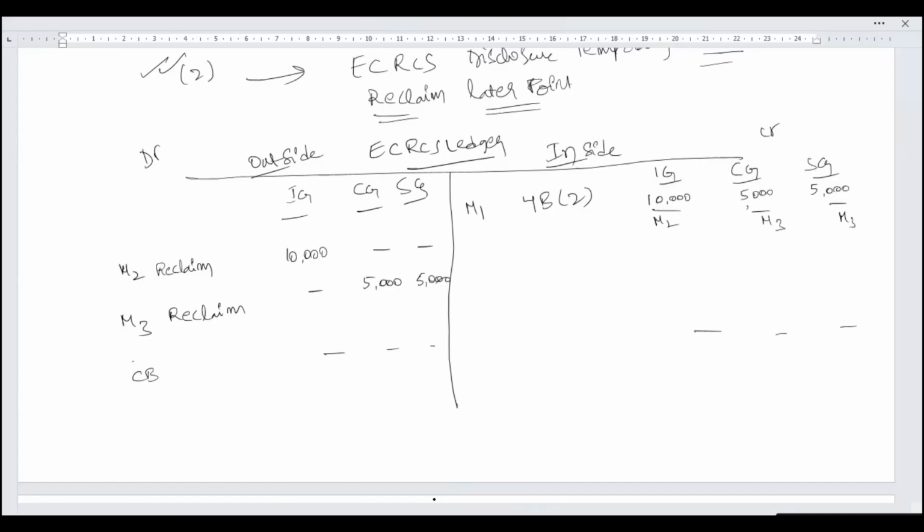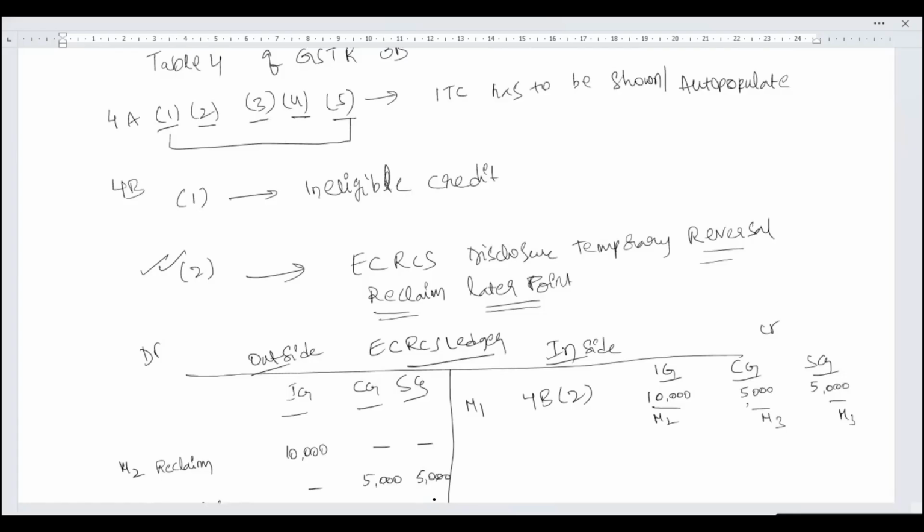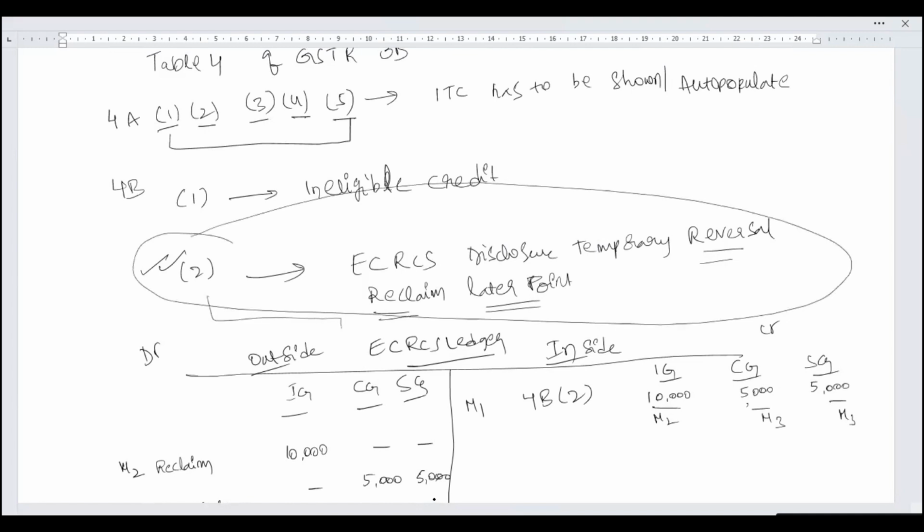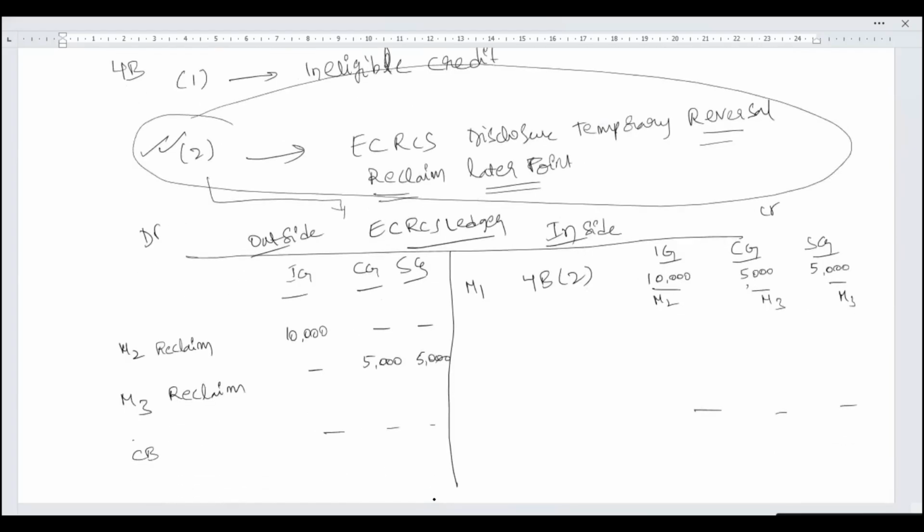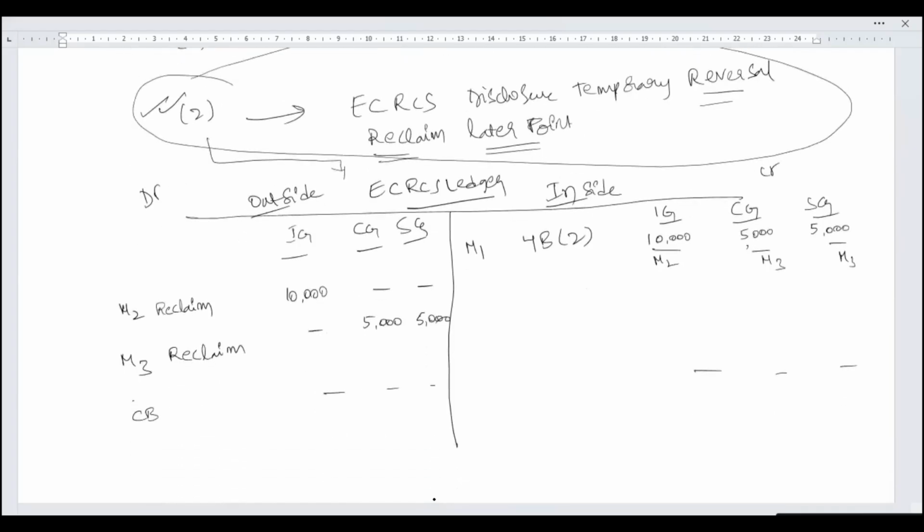So the government said, I give you a ledger. Whatever action you are doing in your monthly return in table 4B2, this 4B2 comes and gets credited to the credit ledger. So whatever you have shown in 4B2 is disclosed on the credit side. Now, to control what goes out, they say disclosure has to be done in 4D1.